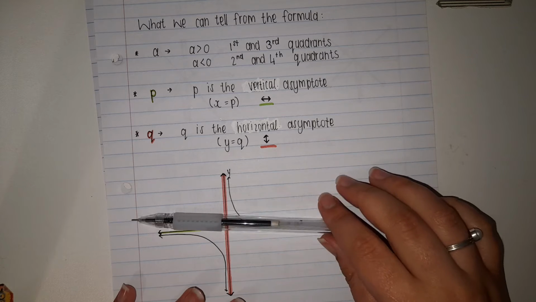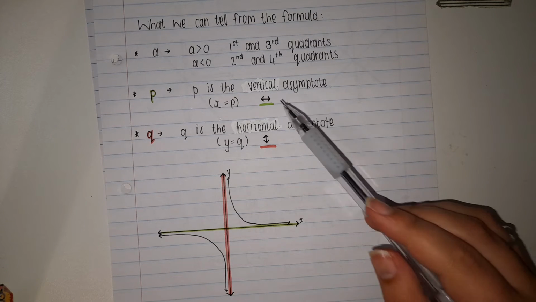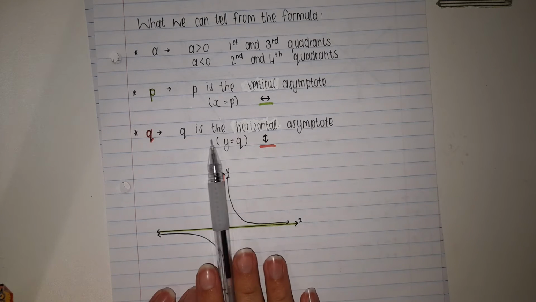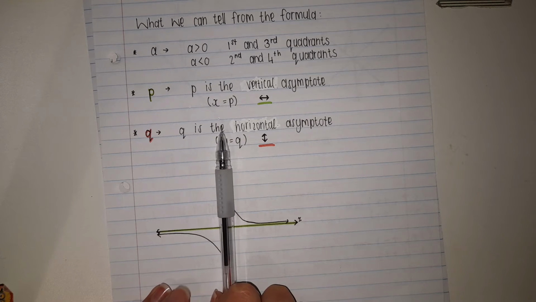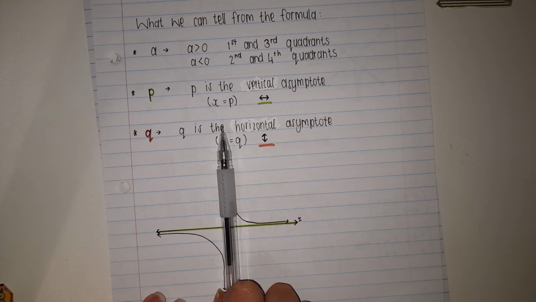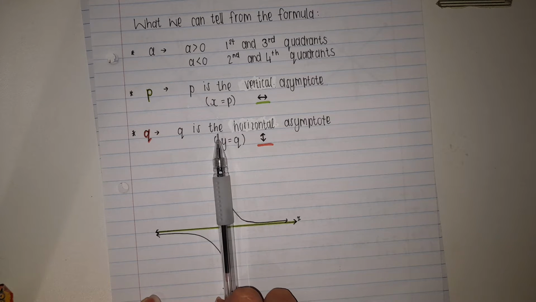Now the tricky part comes in, and that's why I color coded it that way. Although P is my vertical asymptote, like the one that goes here, it shifts my graph from left to right. So it can either go left or it can go right. Now remember, the asymptote is the line it cannot ever touch.